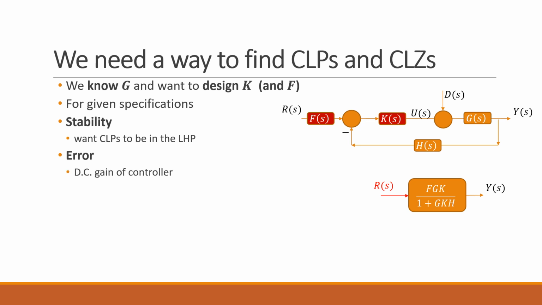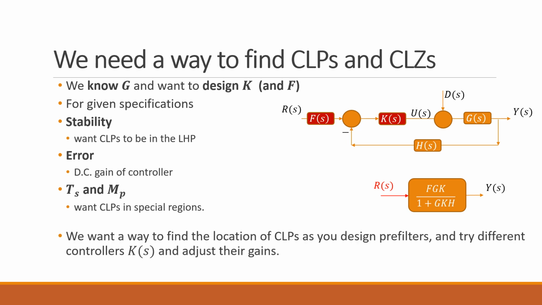Error specification typically boils down to something about the DC gain of the controller. And settling time and overshoot specifications, as we just saw, boil down to having the closed loop poles in some special regions. So in the controller design process, the location of the closed loop poles really matters.